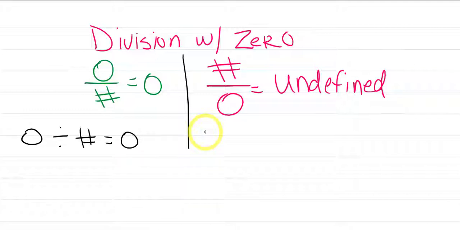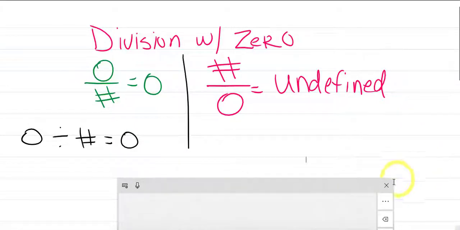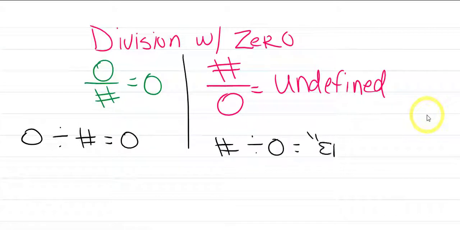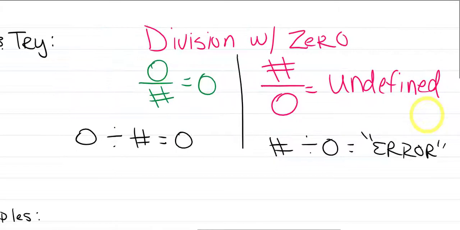However, when you have 0 in the denominator, this is undefined. If you take any number and put it in the calculator and divide it by 0, you're going to get the term that says error. That's because division by 0 is undefined, something that cannot be done.